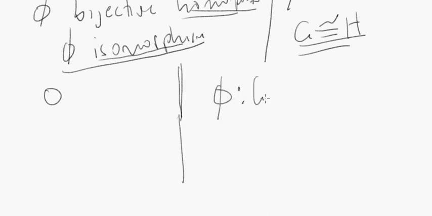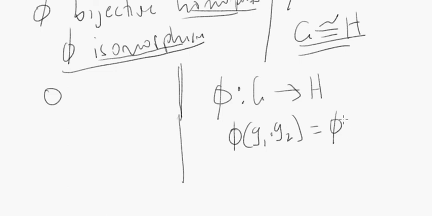If G and H are groups, and we have the property that phi of g1 dot g2 equals phi of g1 star phi of g2, where dot is the group operation for G and star is the group operation for H, if we have this property right here, we say that phi is a homomorphism.